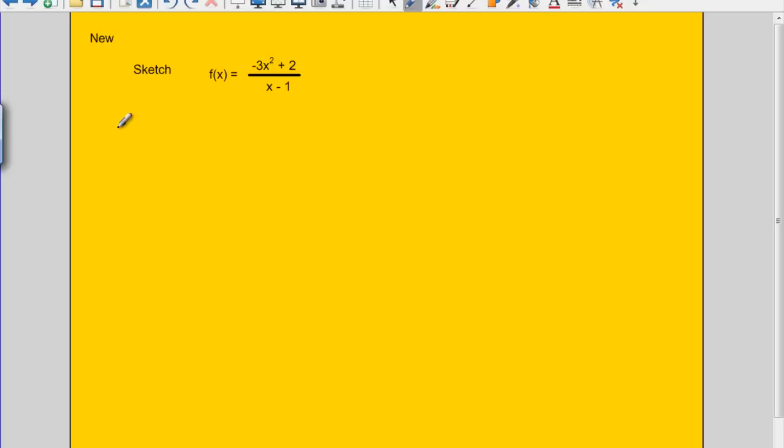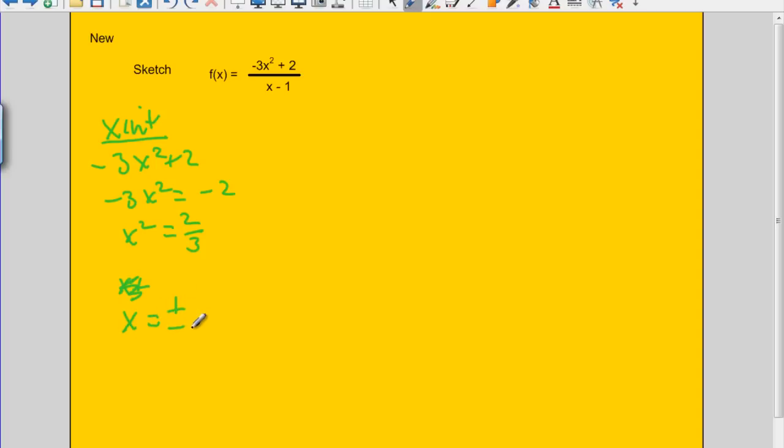We still find the x-intercept the same way by taking the numerator and setting it equal to 0, and we see that x is equal to plus or minus the square root of 2 over 3.